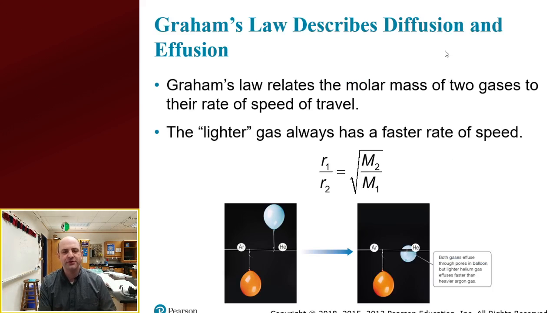So if we talk about Graham's law to describe these, the lighter gas will always travel at a faster rate of speed. So I always like to put the lighter gas on top here and say, what's my rate of the lighter one? And put the molar mass of the lighter gas on the bottom. That way I'll always get, for my answer, the lighter gas is X amount faster, or X times faster.